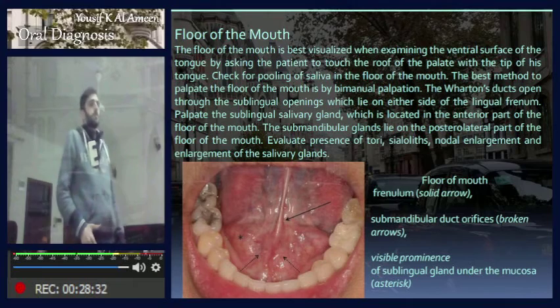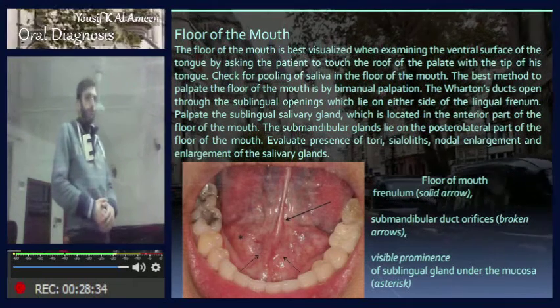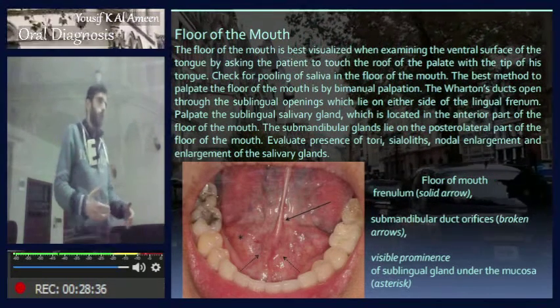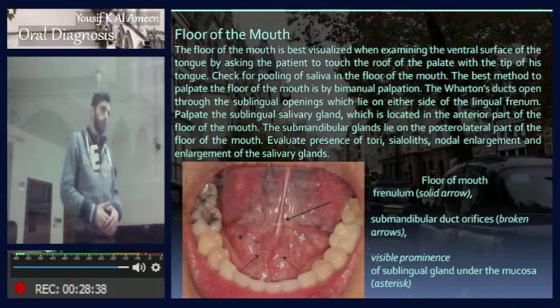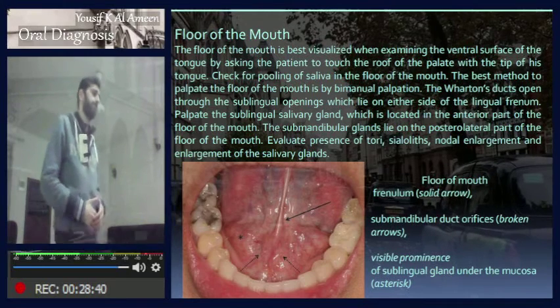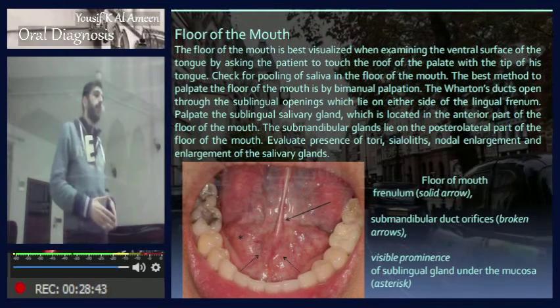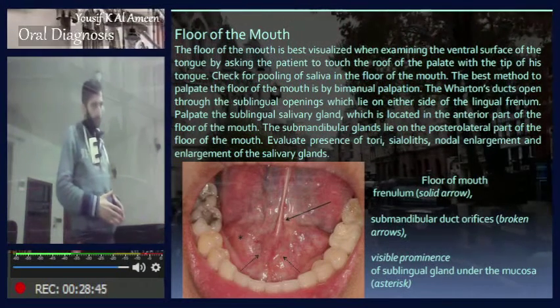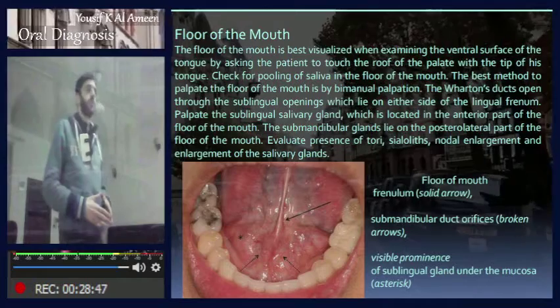Evaluate presence of tori, sialosis, sialoliths, nodal enlargement, and enlargement of the salivary glands.